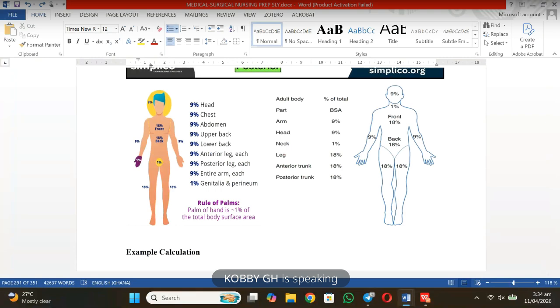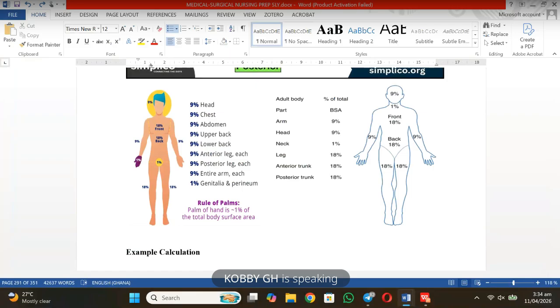Okay. If the examiner says anterior arm, posterior leg, anterior arm, listen carefully. Anterior arm, and then posterior leg.